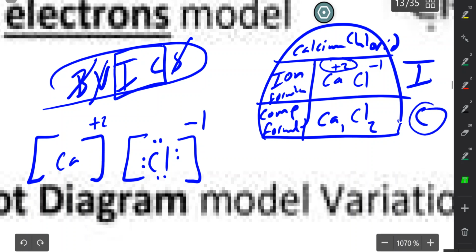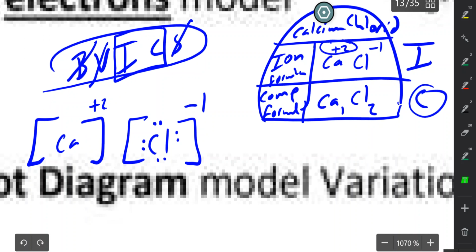Now C. C stands for the compound formula, which is the subscripts are going to turn into coefficients. So you can either say that you have 2 chlorines and 1 calcium, just like it shows here, or you can say that you have 1 calcium and 2 chlorines. Both of these are acceptable.